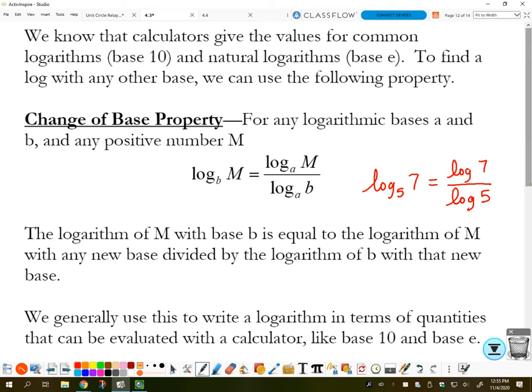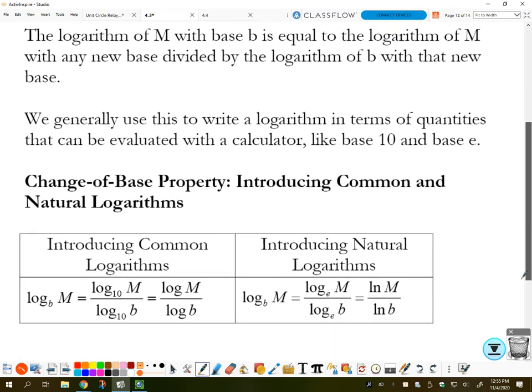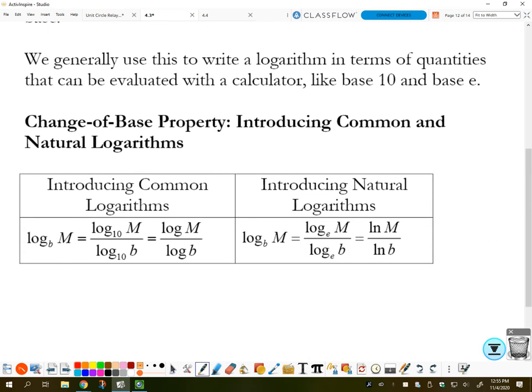I can do that with log or with ln, which is what the bottom of this is saying. So I can do it with a common log, or I can do it with a natural log. And the reason we pick those, again, is because log and ln are the buttons that are on your calculator. So on your graphing calculator, there'll be the buttons beside the 7 and the 4.